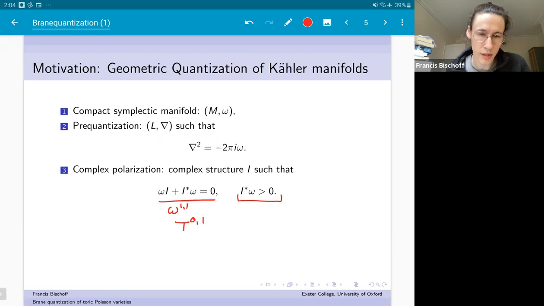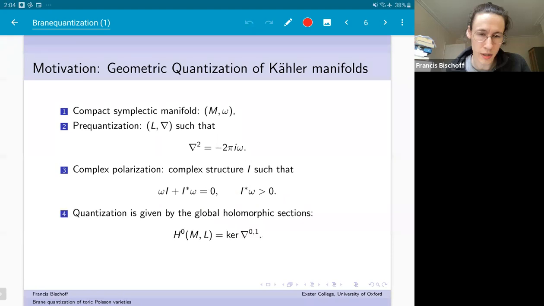Given this structure, we can define the quantization. The quantization is supposed to be the space of polarized sections. We take the connection nabla and its (0,1) component, and we take the sections that are killed by this. In other words, we're taking the global holomorphic sections of L, and this defines the quantization.